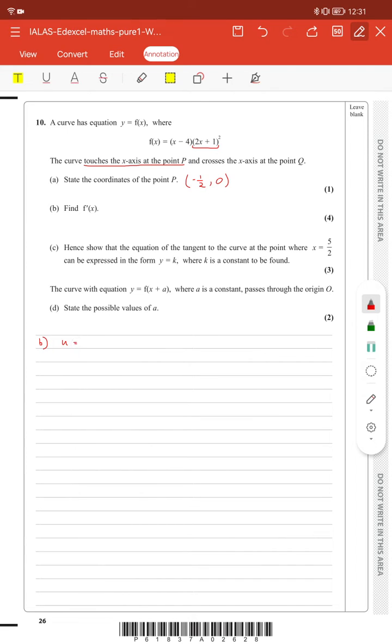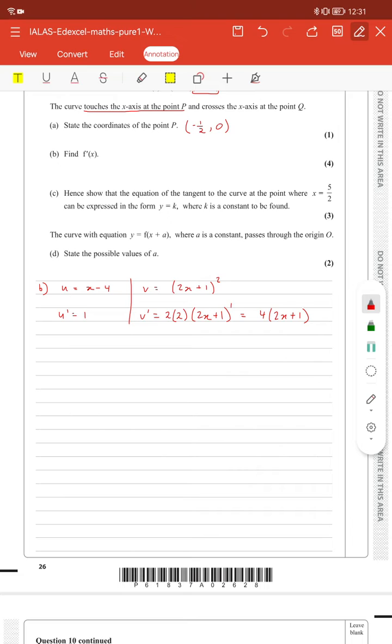I'm going to say u is equal to x minus 4, which means u dash is equal to 1, and v is equal to 2x plus 1 to the power of 2. So v dash is going to be 2 times 2, 2x plus 1 to the power of 1, which is the same as 4 times 2x plus 1.